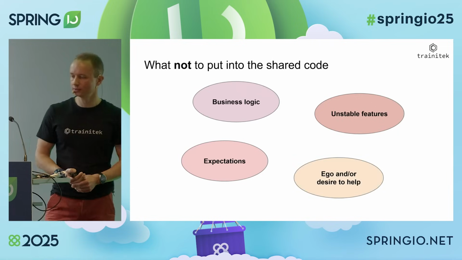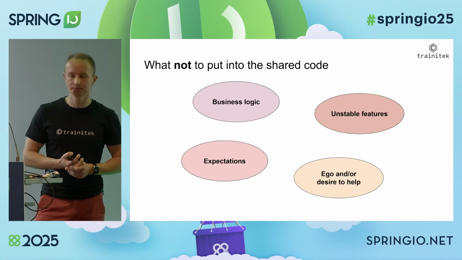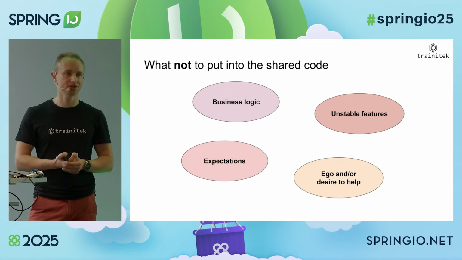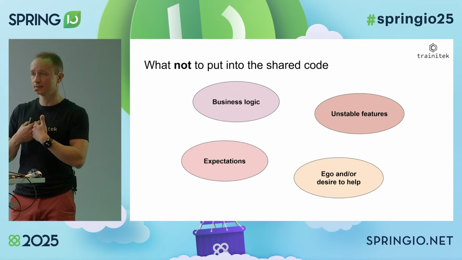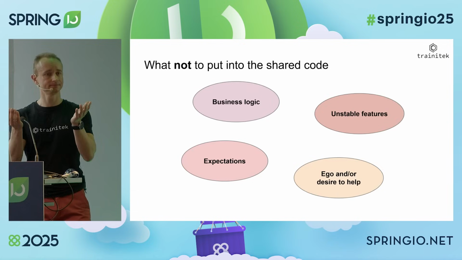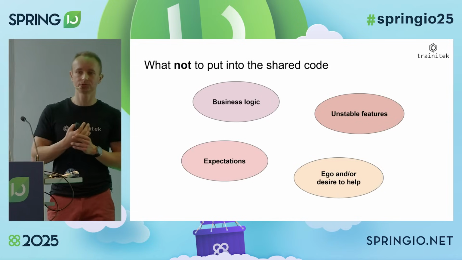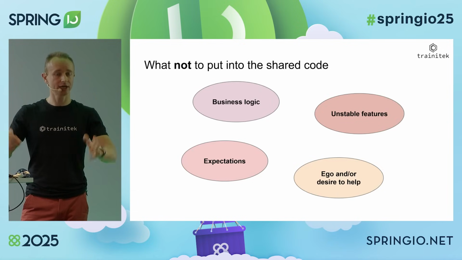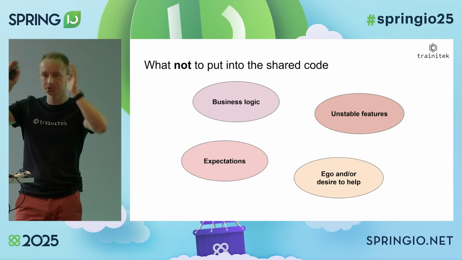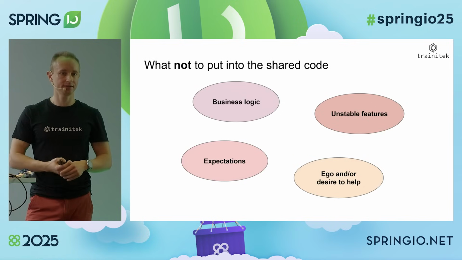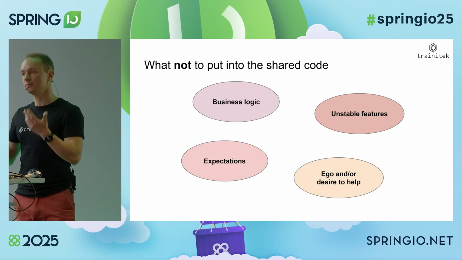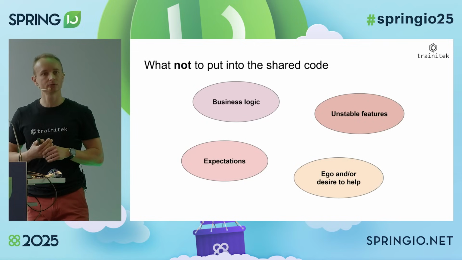And the fourth one is your ego and desire to help. Some of us would like to show off. Some of us would like to contribute a lot: I will write as much code for my colleagues as I can. Some of us maybe want to write their own first framework in their life.